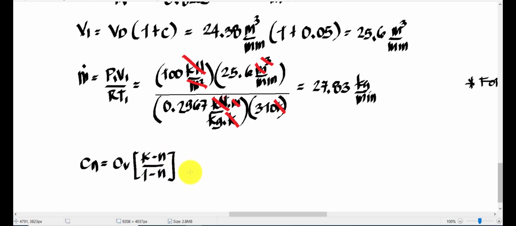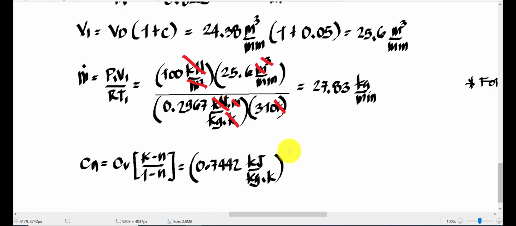So for the specific heat of nitrogen at constant volume, we can find that value in a table. For the specific heat at constant volume of nitrogen, we have 0.7442. Okay, so this will be kilojoule per kilogram Kelvin.